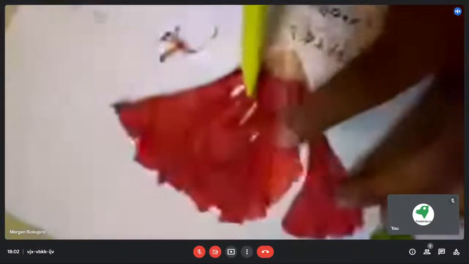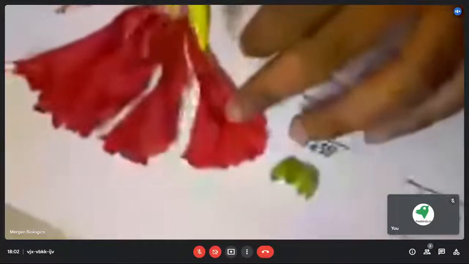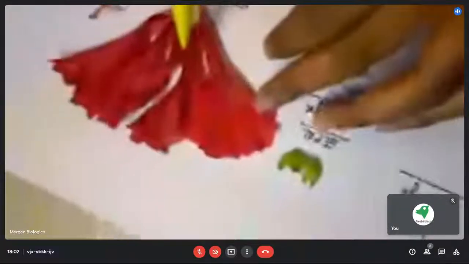They are overlapping each other, not like the sepals that are very clear with their margins. This type of aestivation is known as twisted aestivation.